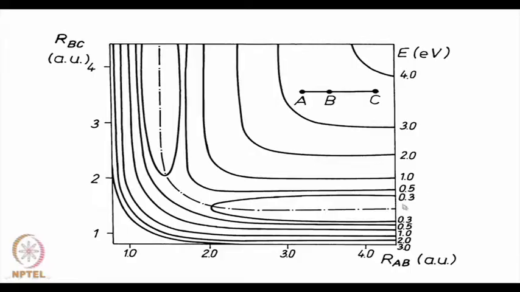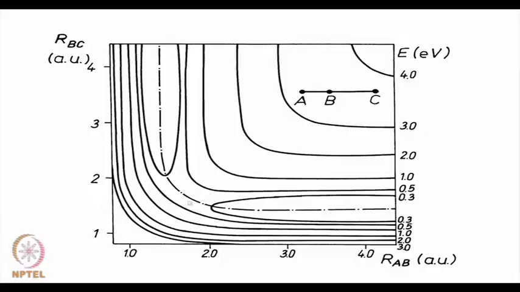So, you join equal energy points with lines to generate your contour, and this is a cross sectional view. This contour is called the potential energy surface. It's a 3-dimensional one, because you will have another axis projecting towards you.